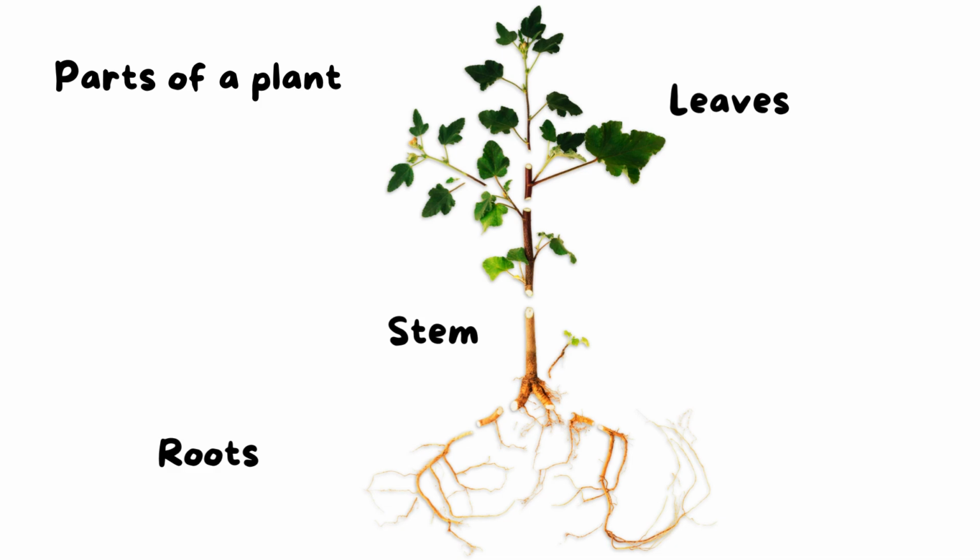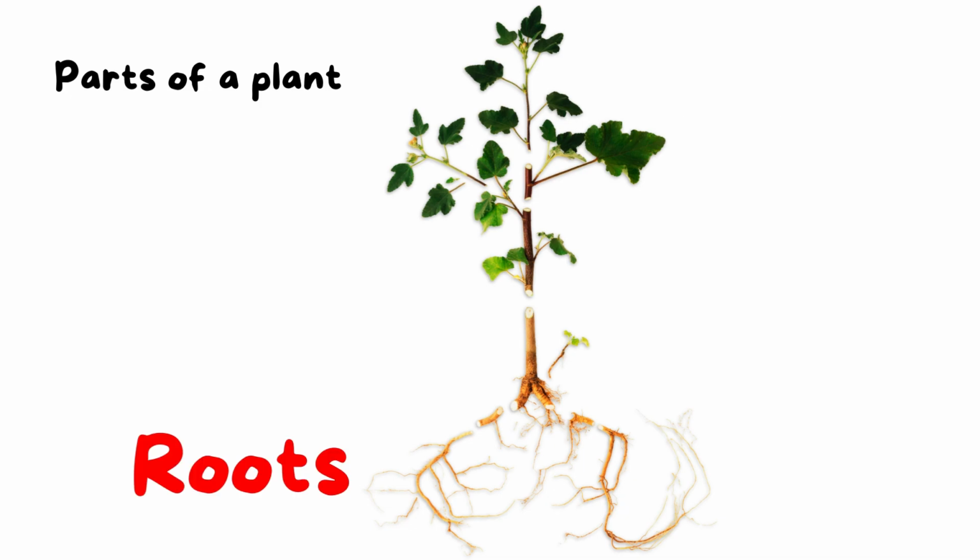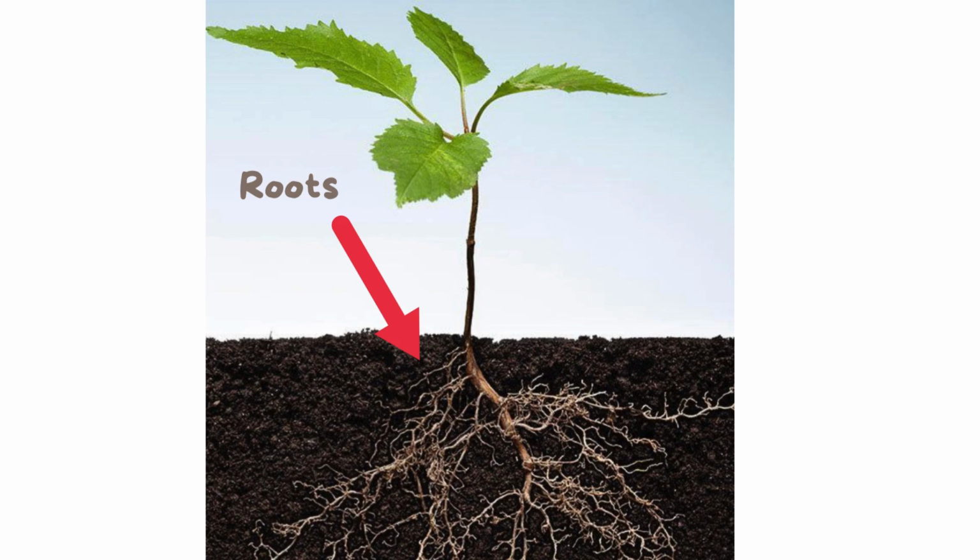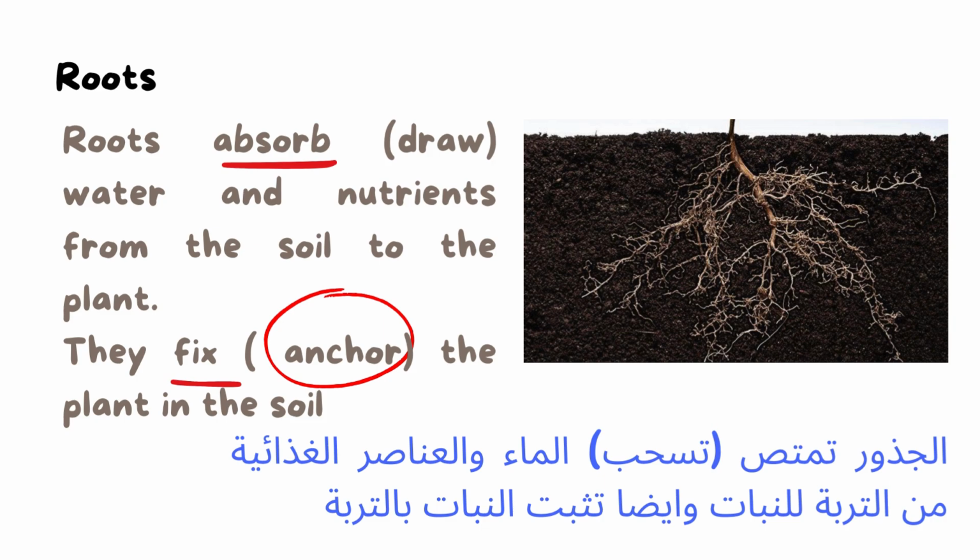So first, we will start with the roots, okay? And as we see in this picture, the roots are in the soil, yes? So, what are the functions of the roots? The roots do two things, okay?